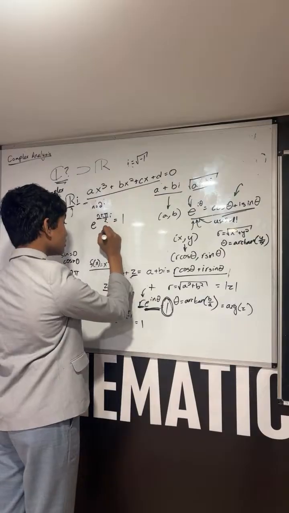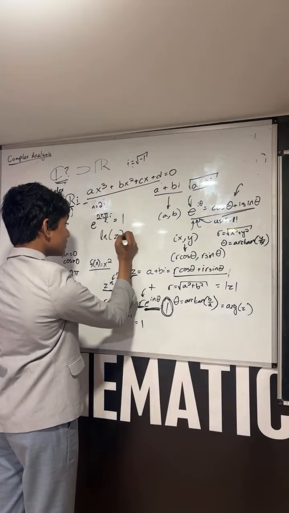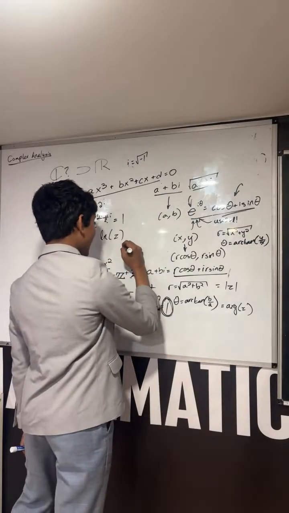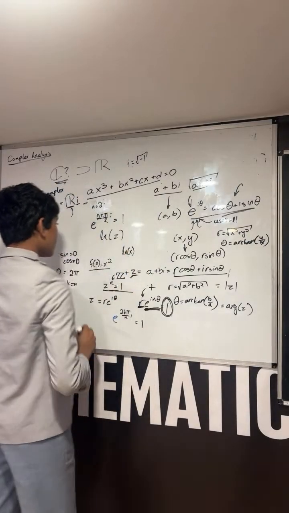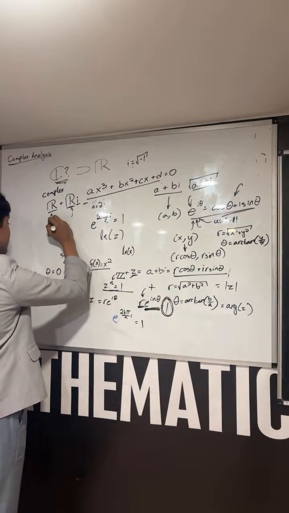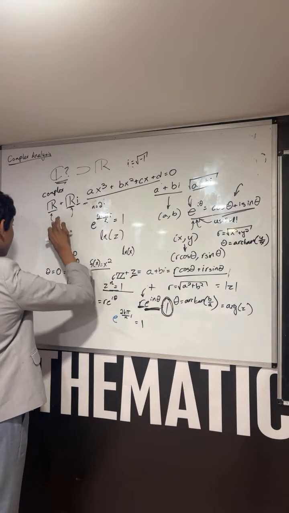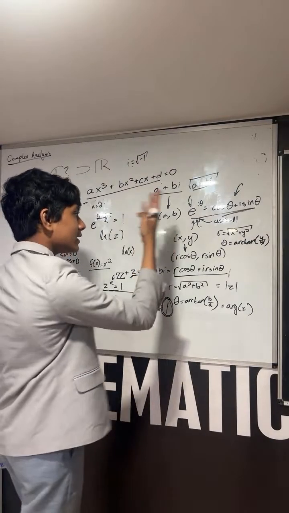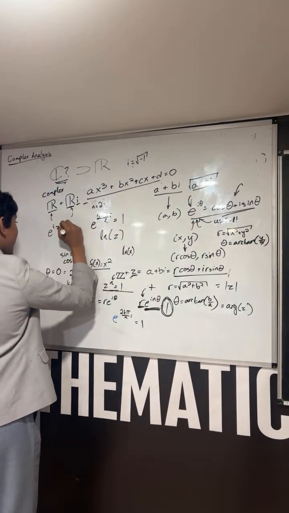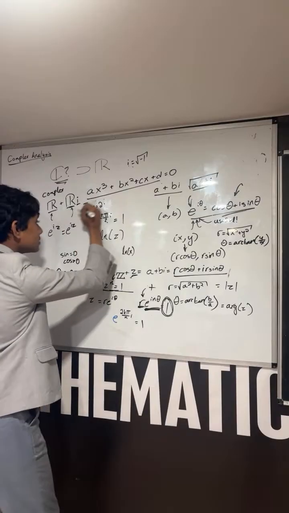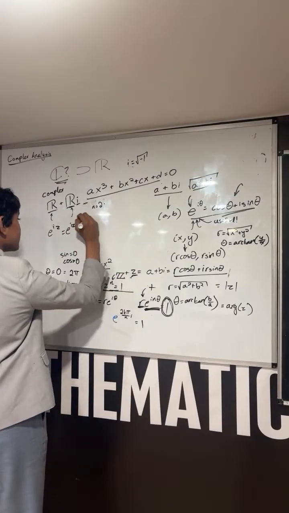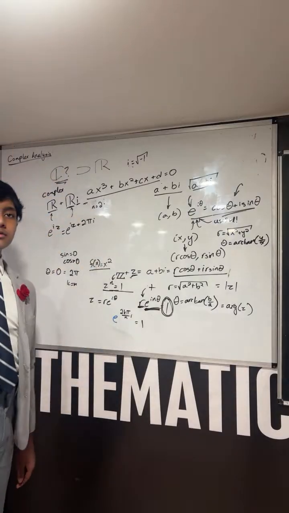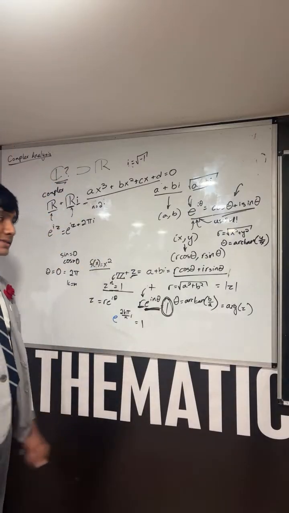But in general, ln of z has so little meaning compared to ln x, because e to the iz, according to our polar definition, is exactly the same as e to the iz plus 2 pi i. Because you're rotating by an angle of 2 pi. It's literally the exact same.